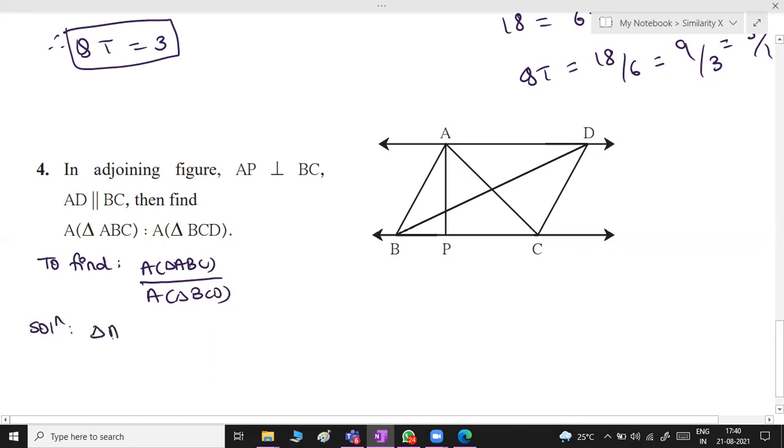If you look at triangle ABC and if you look at triangle BCD, ठीक है, they both have same base BC.